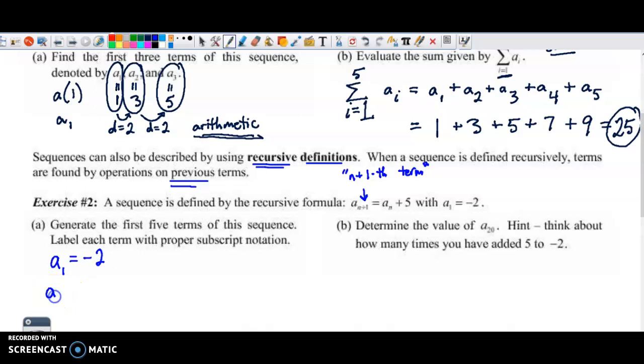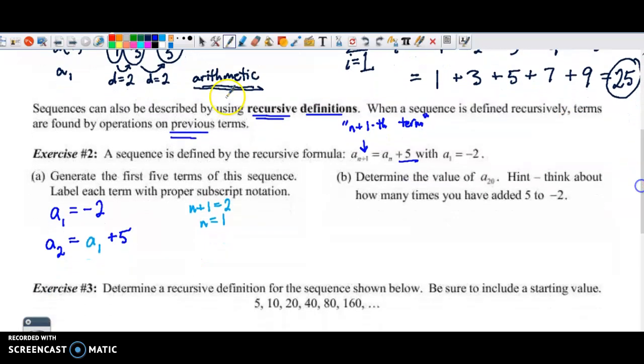Well, if I ask you for a sub 2, what I'm saying is that n plus 1 is equal to 2, so then n must equal 1. So this n plus 1th term is equal to the nth term, which would be a sub 1, and then you add 5 to that term.